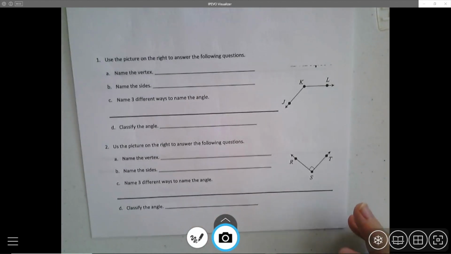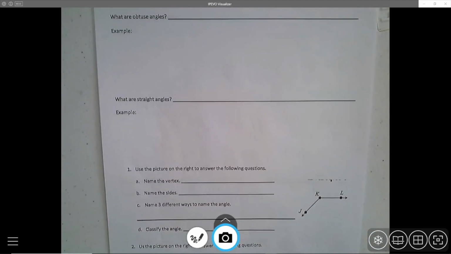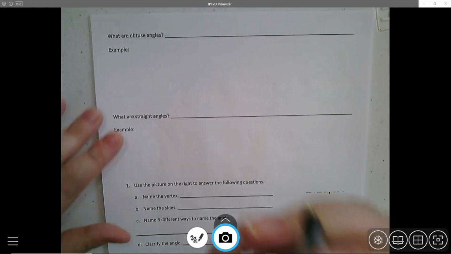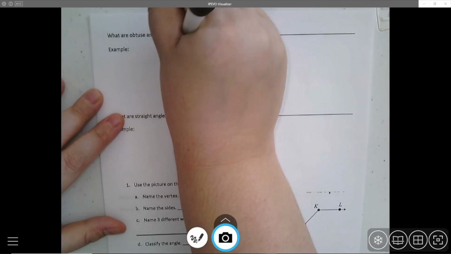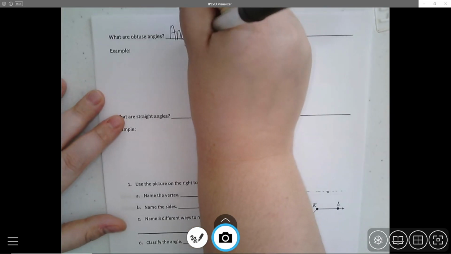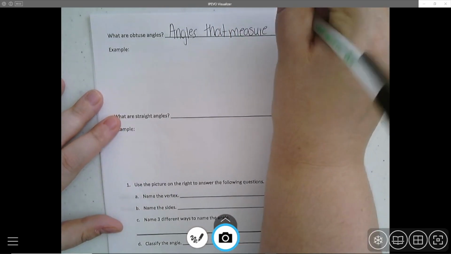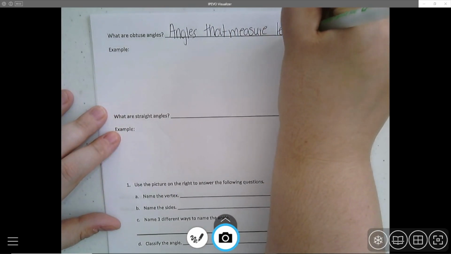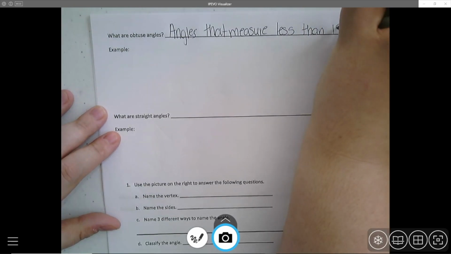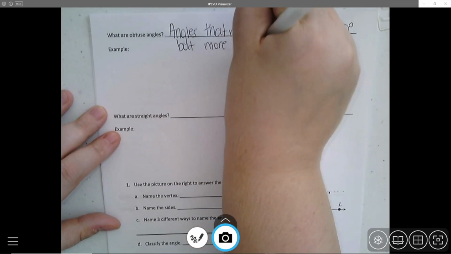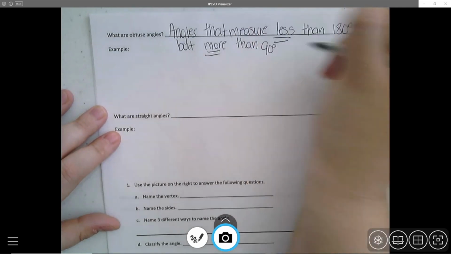Okay, if we go on looking at more types of angles, our next one is obtuse angles. Okay, these are angles that measure less than 180 degrees, but more than 90 degrees.